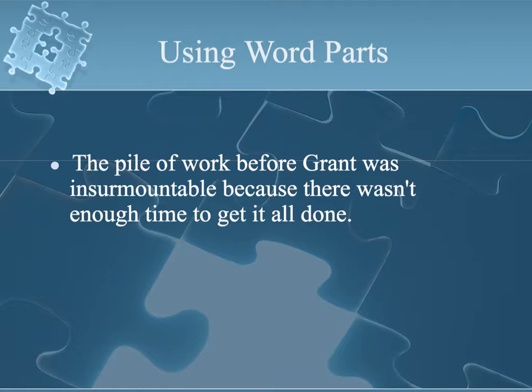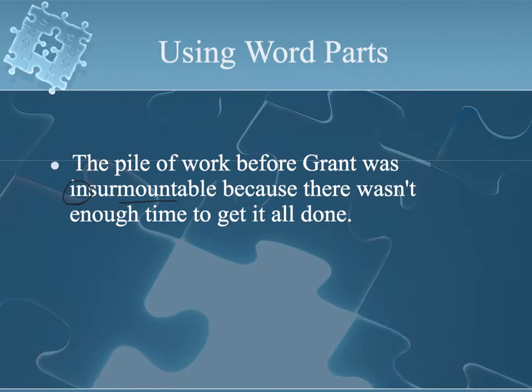The last one we'll talk about is insurmountable. The pile of work before Grant was insurmountable because there wasn't enough time to get it all done. So again, we can look at the prefixes. We've got the prefix in. Something is insurmountable. It's being used as an adjective here, so this is describing the pile of work. We can also look at this root word in the middle, mount.